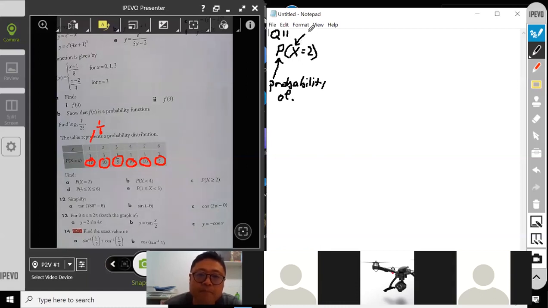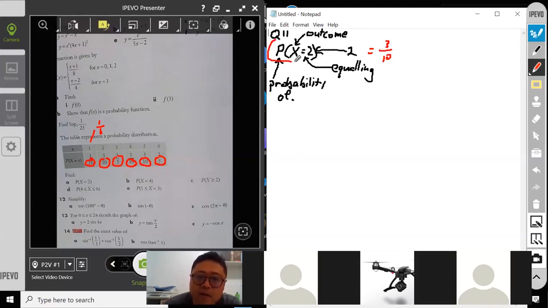Of your outcome equaling 2. So it'd be the 3/10. Got it? Okay. So your answer for this one would be 3 out of 10. The way we read this is that we're dealing with the probability of your outcome equaling 2. Got it?